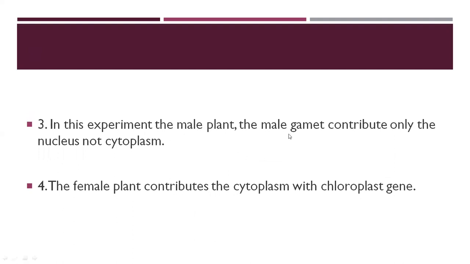In this experiment, the male plant, that is the male gamete, contributes only the nucleus, not the cytoplasm, for the F1 generation. The female plant contributes the cytoplasm with chloroplast gene.